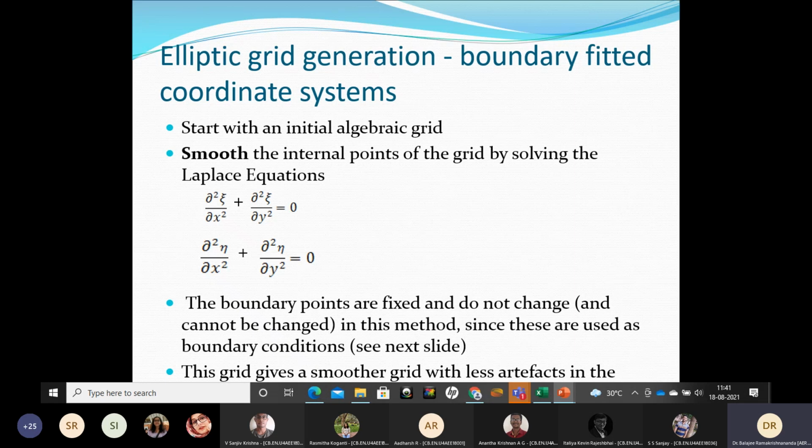So we have a method called elliptic grid generation. Using this, you can generate very smooth grids which are almost orthogonal to each other. The xi and eta lines are almost orthogonal to each other in the physical plane. So that actually is a good grid.